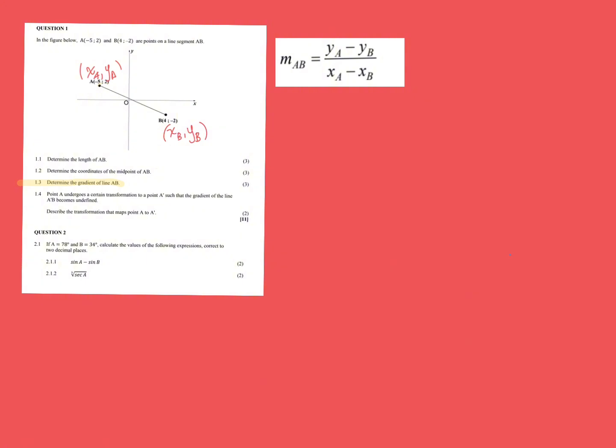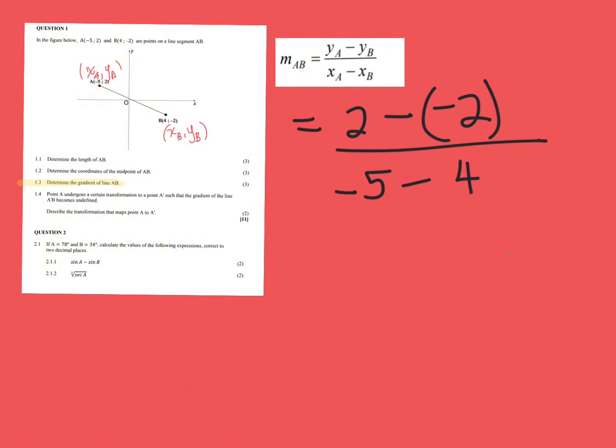So we will continue as we did with the other ones. Ya there is 2 minus yb is negative 2 over xa is negative 5, xb is 4.